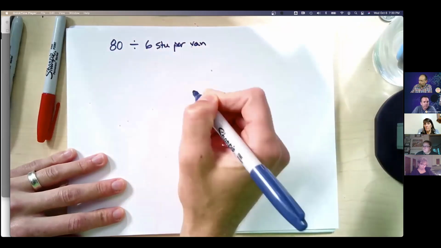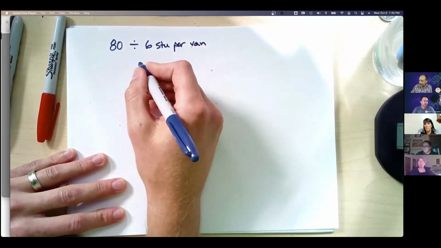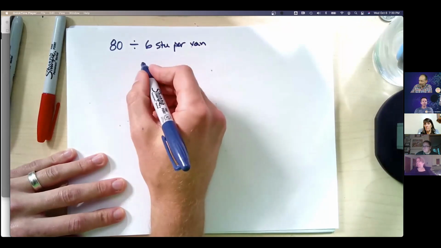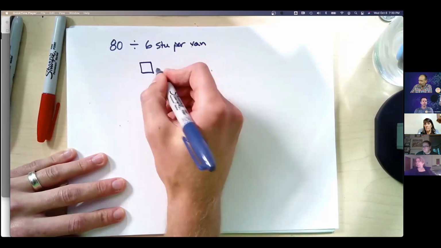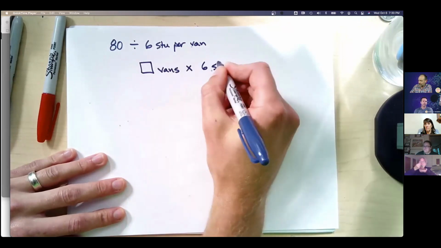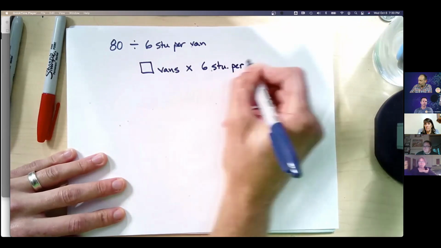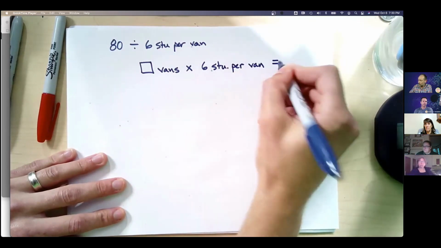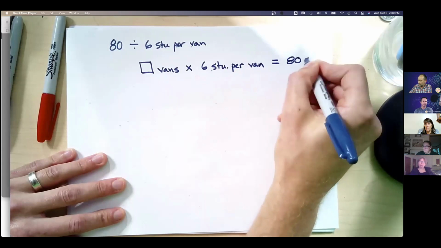They were probably looking at it more like this and saying, how many groups, or how many vans of 6 students per van, is equal to 80 students.